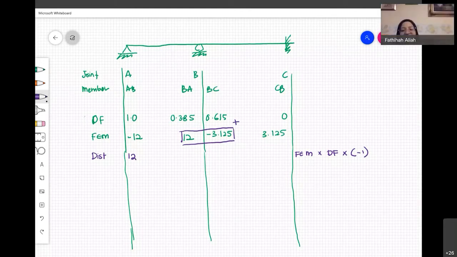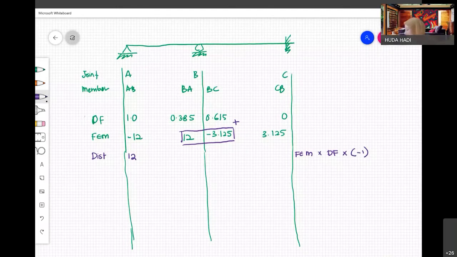Oh, negative 3.417. Okay, thank you. 12 tolak 3.1. Okay, 12 tambah negatif 3.125. You akan dapat 8.875 here. And then you times with the DF and times with the negative one.